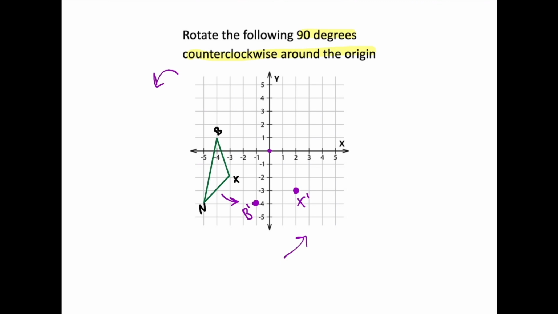The last point to rotate is point N. Point N is 1, 2, 3, 4, 5 units over on the x-axis, and then 1, 2, 3, 4 units down. So we're going to go 5 units down on the y-axis. We need to go to the right, and we need to go over 4 units. And now we have N prime. Lastly, connect the dots, and we have our rotated triangle.